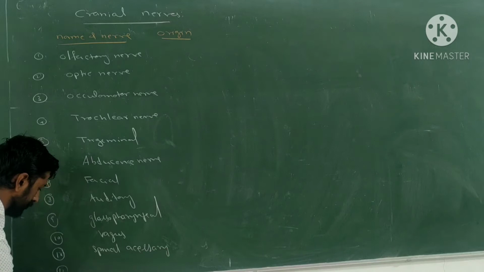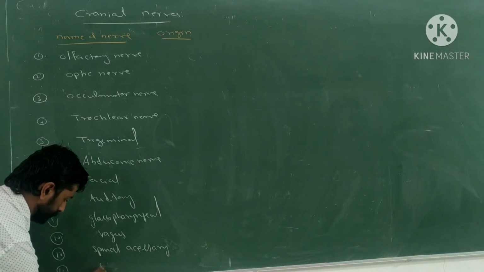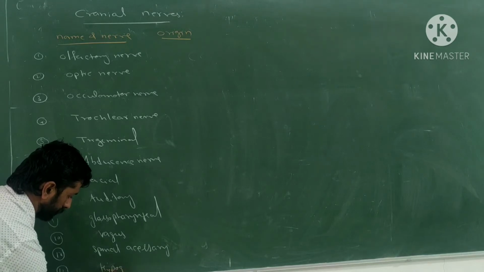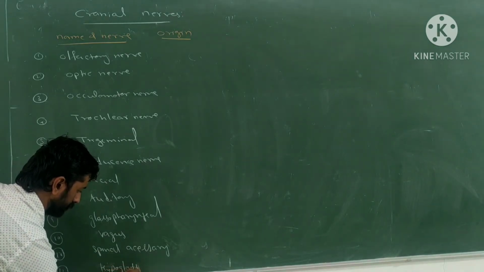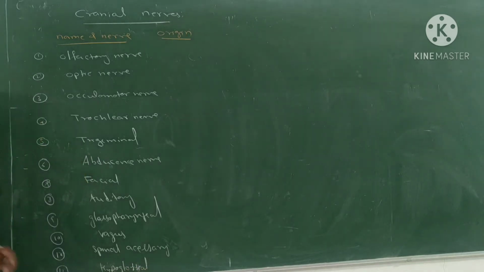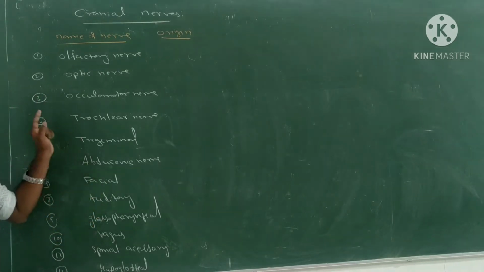And the last one is hypoglossal. So these are the 12 pairs of nerves present in higher organisms, particularly the vertebrates, the amniotes.